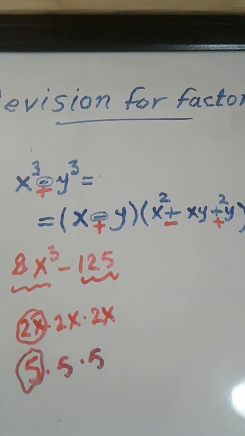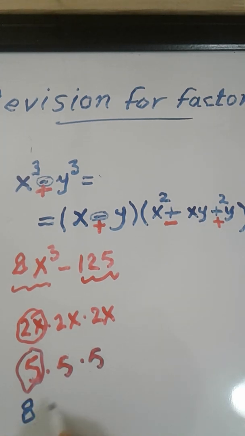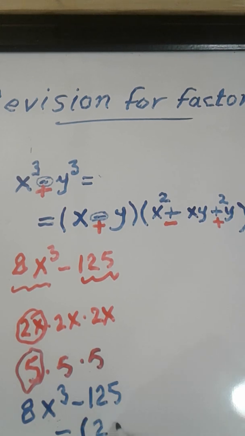So we will write here, 8x cubed minus 125 can be factored to 2x minus 5. Here's 2x and here's 5. This is the first two brackets.